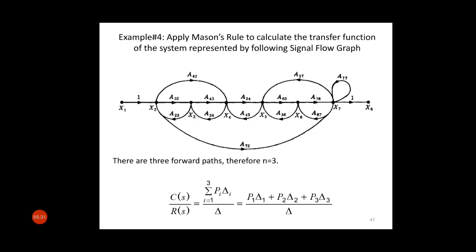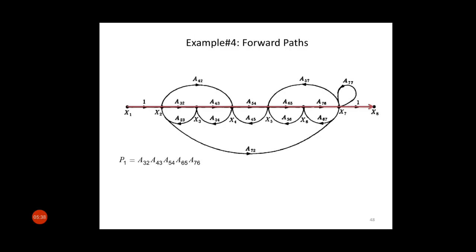So it is p1 del 1 plus p2 del 2 plus p3 del 3 by del. So find the forward paths. The first forward path is indicated by the red line, the second by the blue line, and the third by the black line. Here the forward path gains are mentioned.